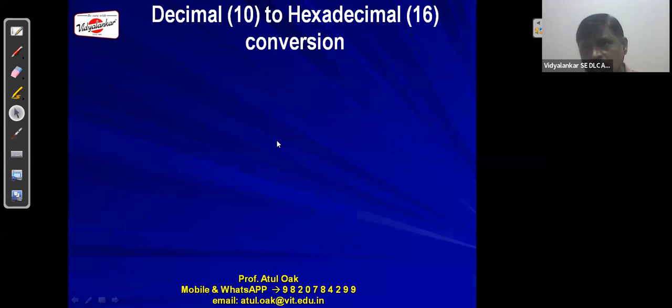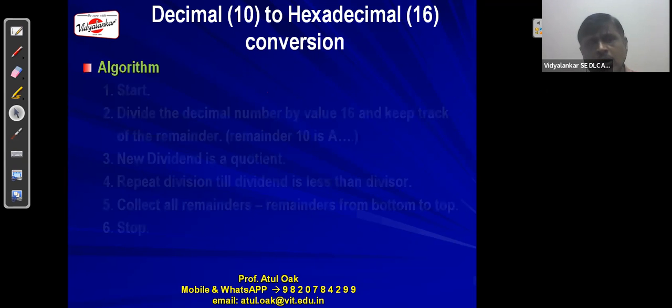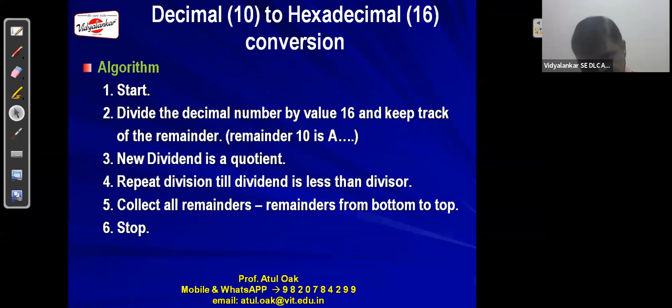Now, decimal to hexadecimal conversion is again similar to decimal to binary. We divide by 16 and we keep track of the remainder. You can see again this algorithm is similar to decimal to binary or decimal to octal, what we did.